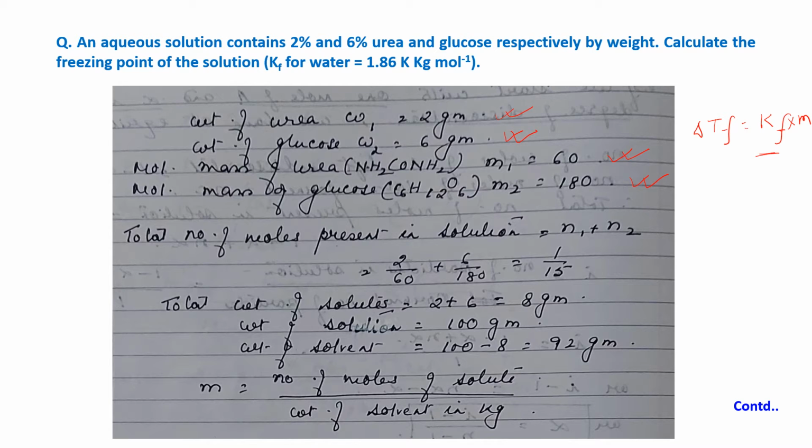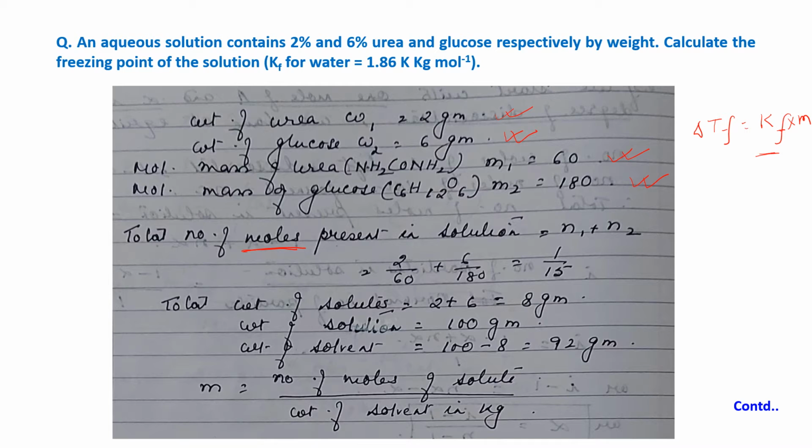So what is the total number of moles present in the solution? Because I want to find out molality, it is n1 plus n2, number of moles of urea plus number of moles of glucose.